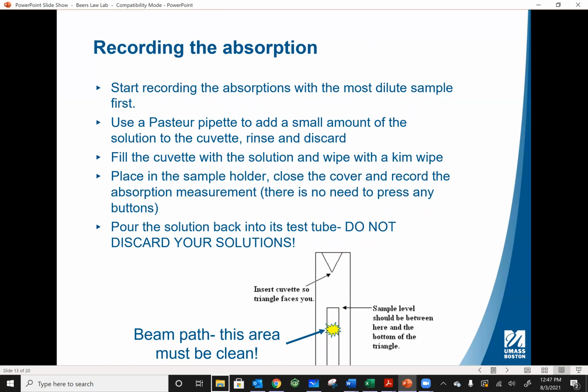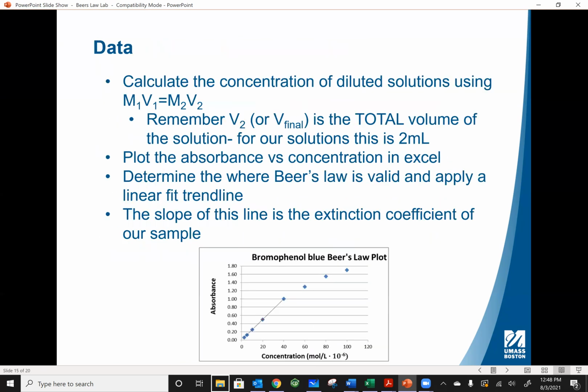Okay, and then we need to start reading the absorbances, and we're starting with the most dilute sample. So we'll add that and start reading the absorbances. The really dilute samples are oftentimes indistinguishable from water, and we'll see that in the video.